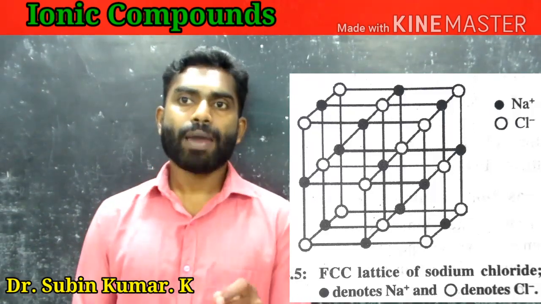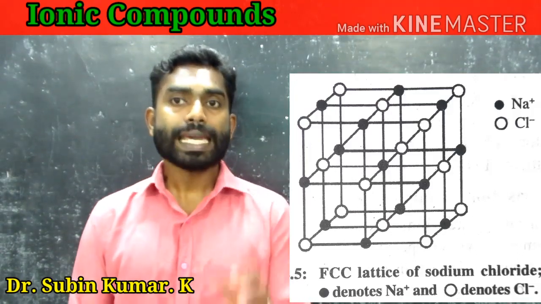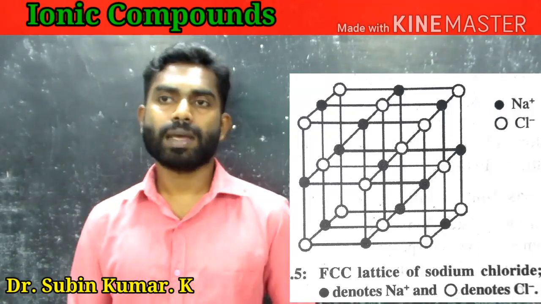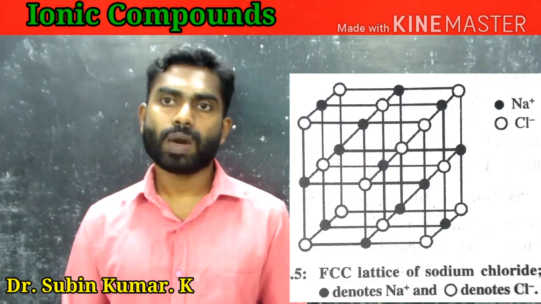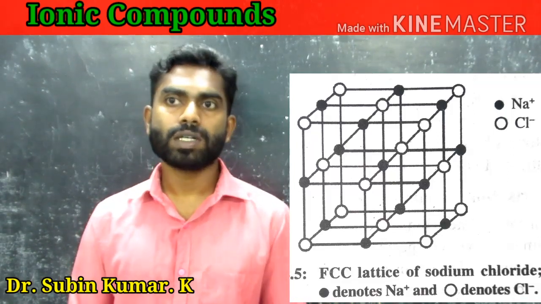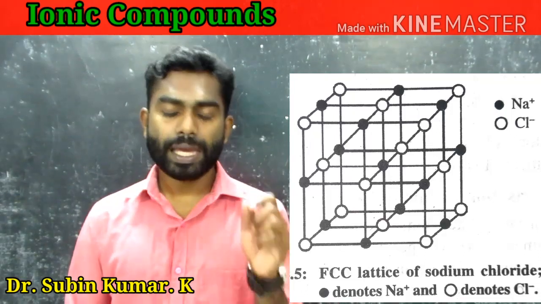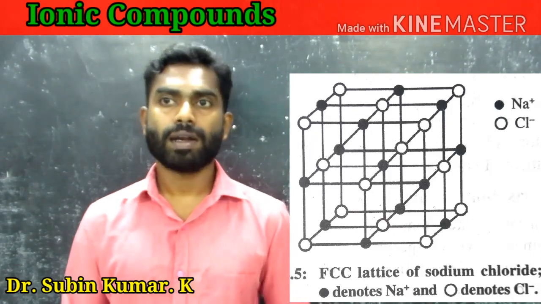Each Na+ ion is surrounded octahedrally by 6 Cl- ions, and each Cl- ion is surrounded octahedrally by 6 Na+ ions.